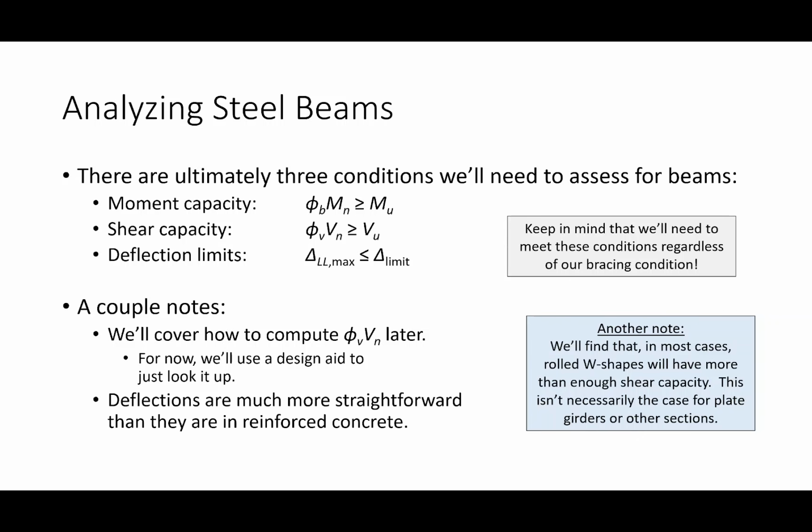Now, if we're talking about design or analysis and whatnot, we have essentially 3 limit states that we're going to need to assess. Moment, shear, and deflections, right? I mean, you all could probably figure that out from structural analysis last semester. If I give you a beam, what did we learn how to calculate?